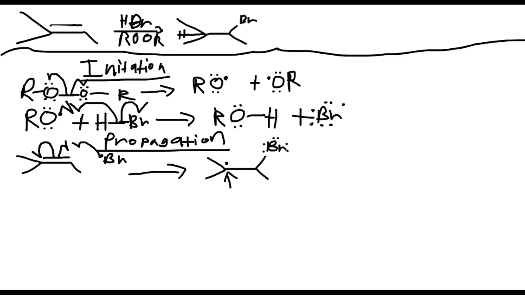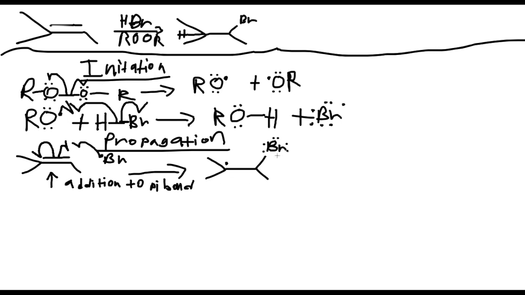It's connected to 3 other carbons, and this is the most stable radical. So this is the reason why this is anti-Markovnikov, because the radical is on the carbon that has the most amount of substituents. Okay, and also this step right here is called addition to pi bond, right? So we broke the pi bond and added the Br radical to it. Addition to pi bond. This is the reaction to it.